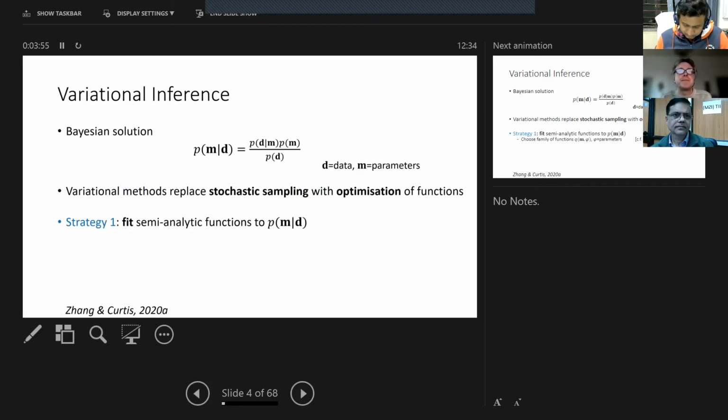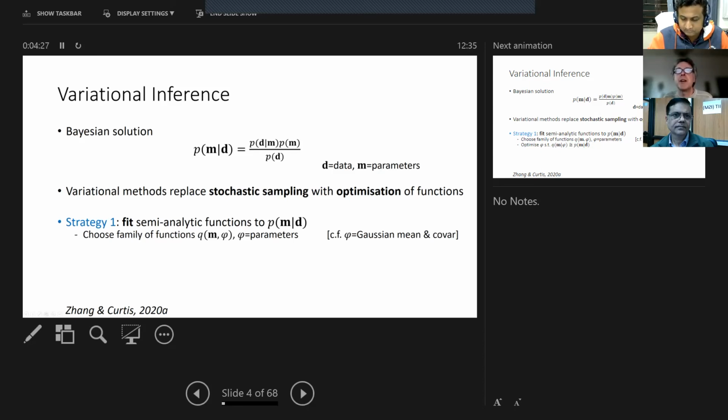The first is that we try to fit some semi-analytic functions to P. P is a distribution, but it's a function of m. So we could fit some other functions to P to represent it. For example, we could choose a family of functions, let's call them Q, and one possibility might be that Q is the family of all Gaussian distributions.